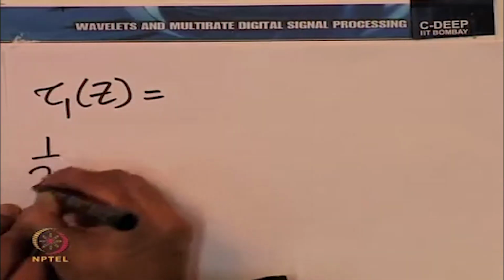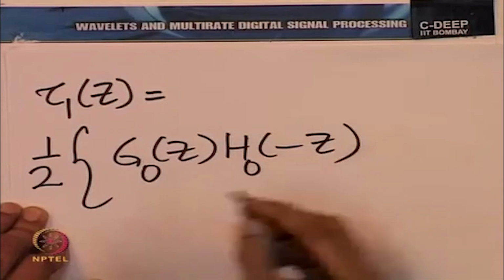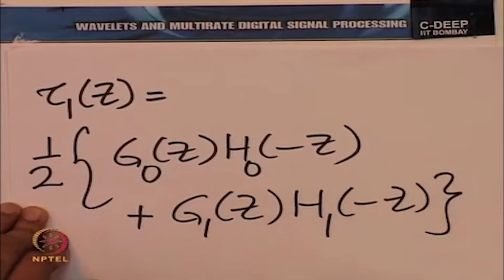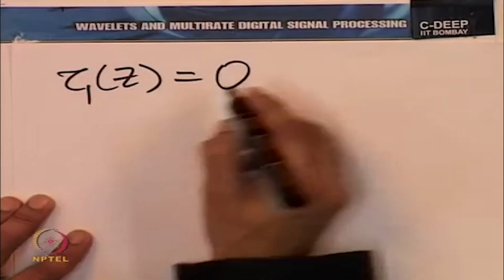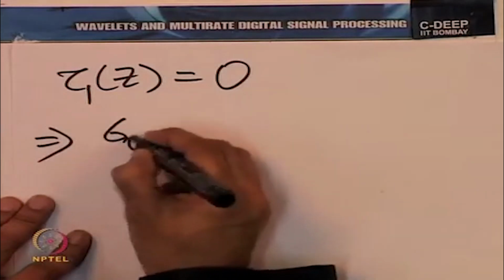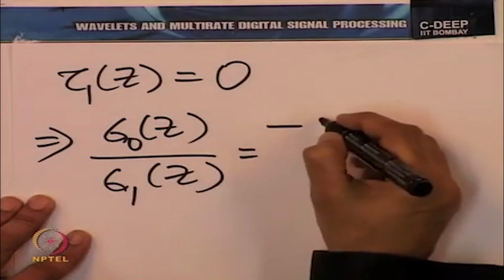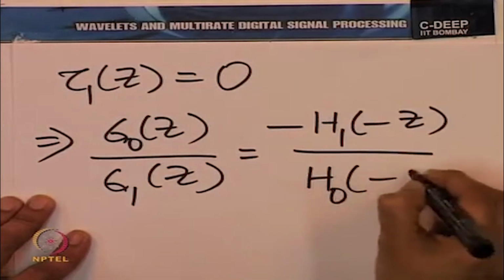We said tau 1 z is essentially the expression half, g 0 z h 0 minus z plus g 1 z h 1 minus z. And tau 1 z equal to 0 means essentially that g 0 z by g 1 z must be minus h 1 of minus z divided by h 0 of minus z.